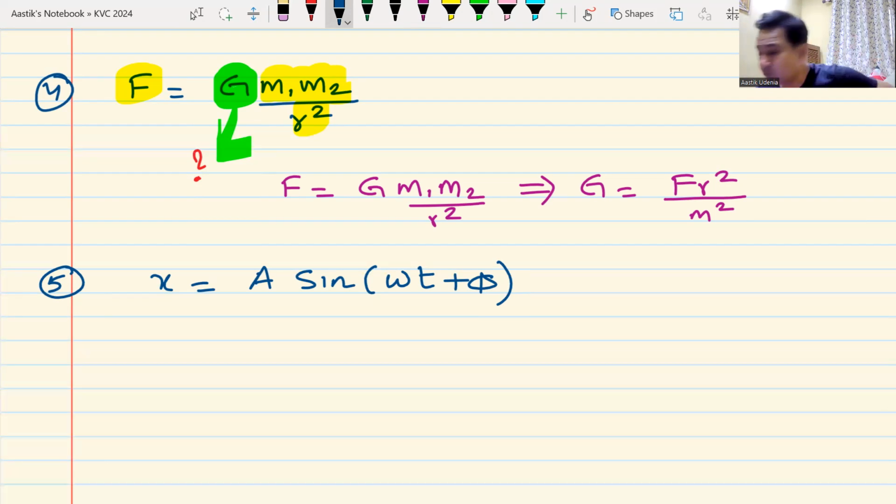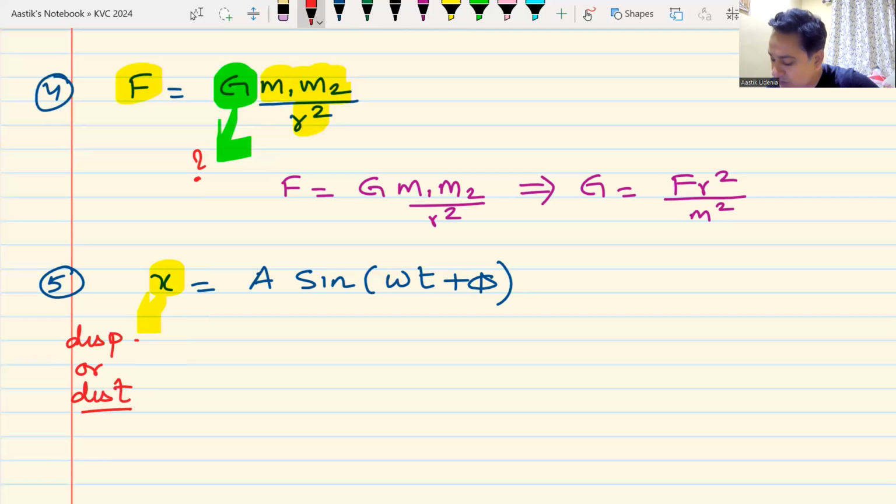Now let me tell you what quantities are known here. X, what is X? X is the displacement. I can call it distance or displacement. They have the same dimension, so I'm not worried right now. I'm only concerned with dimension. So X is known as displacement or distance.